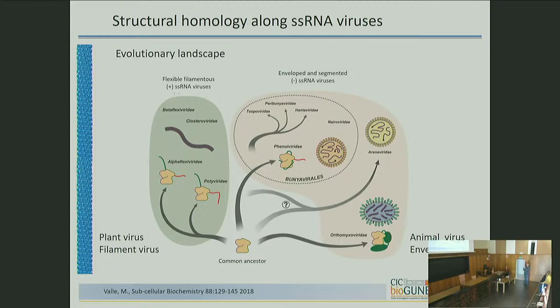So the idea is that filaments are allowed to go between plant cells, and the presence of the envelope, taking the membrane from the host cell, favors one morphology or the other.